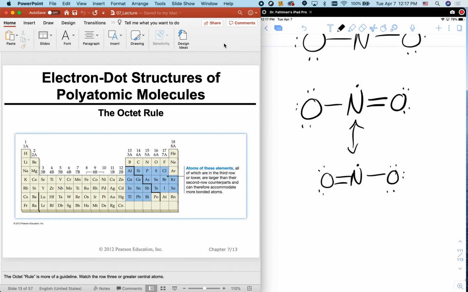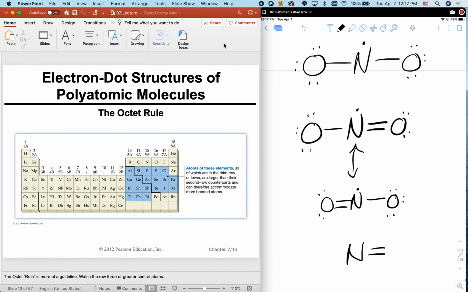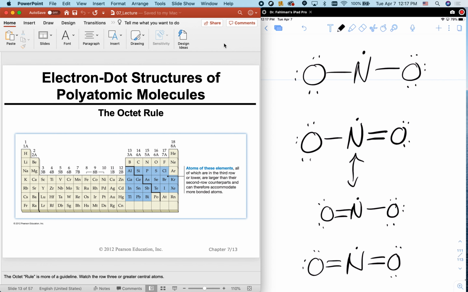Or I guess, could we do this one? This is a question you have to look at. So are all these possible? Let's look at the realm of possibilities.